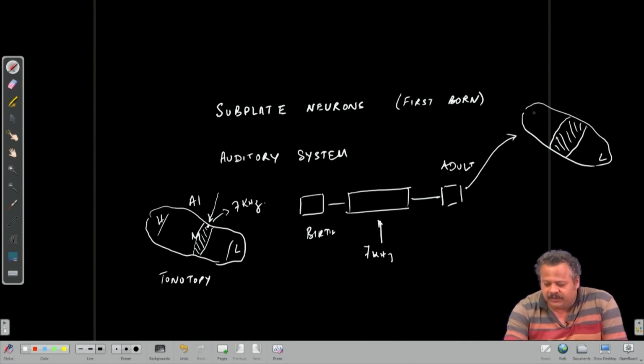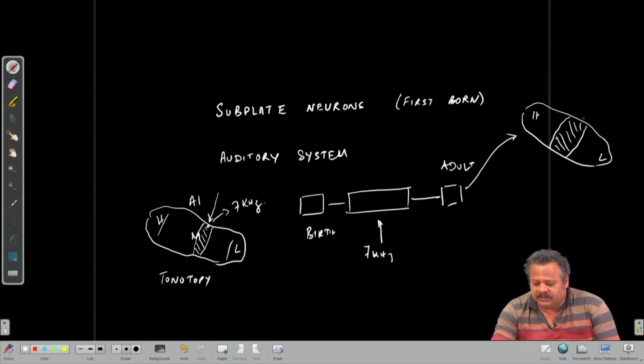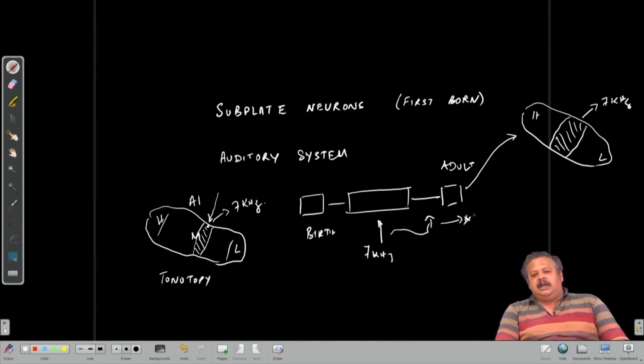So this is the low frequency and high frequency, and at the cost of representation of the nearby frequencies which are taken over by this 7 kilohertz region. And if this 7 kilohertz presentation is done after critical period, then that does not lead to such plastic changes.